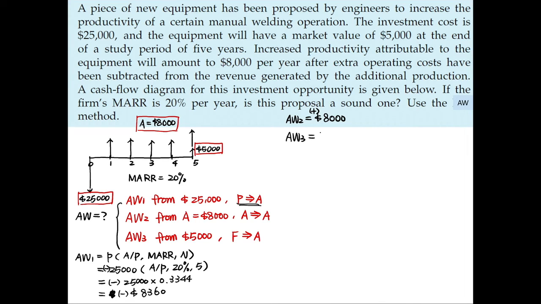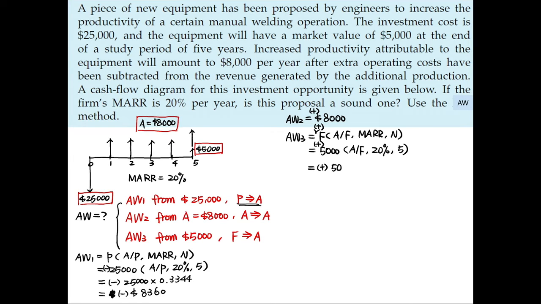So the equation is F times A/F, MARR and N. The F is 5,000. Again, it is positive. Okay, so A/F from the table of 20%, N is 5.